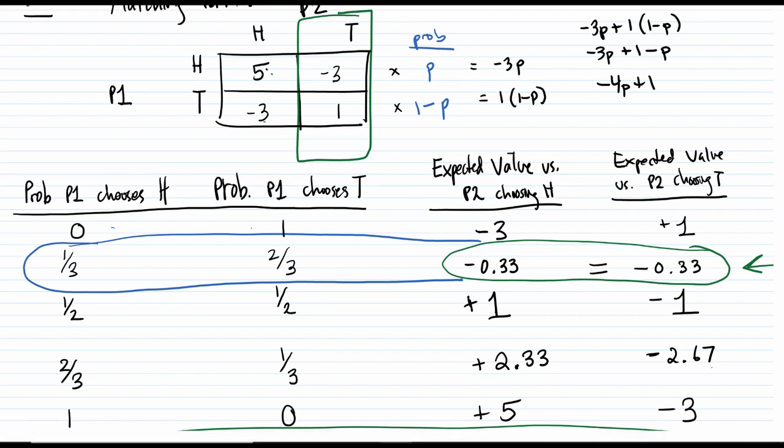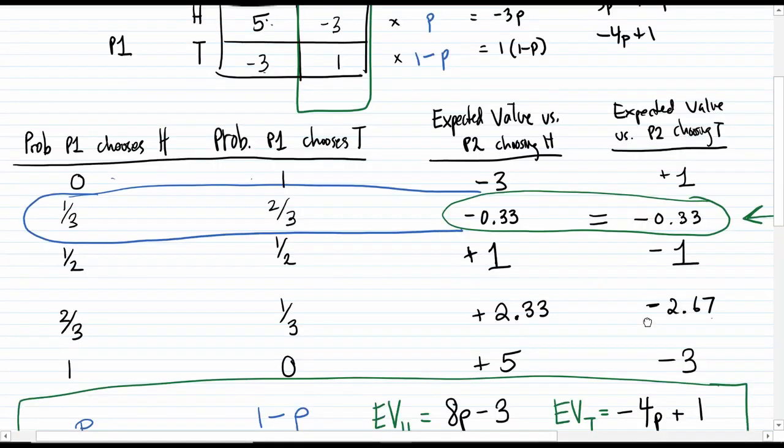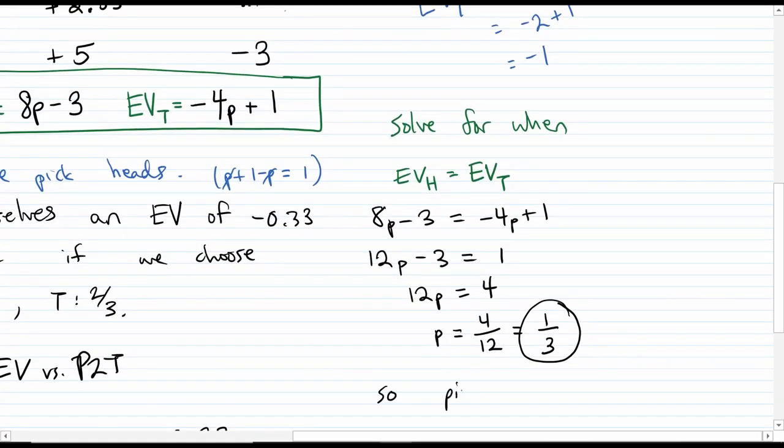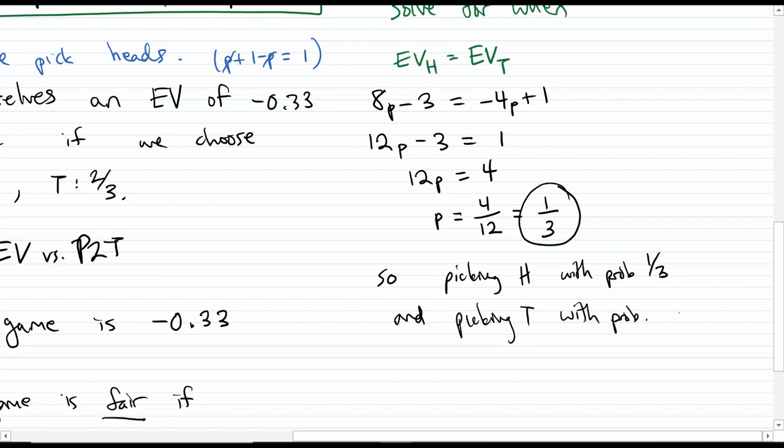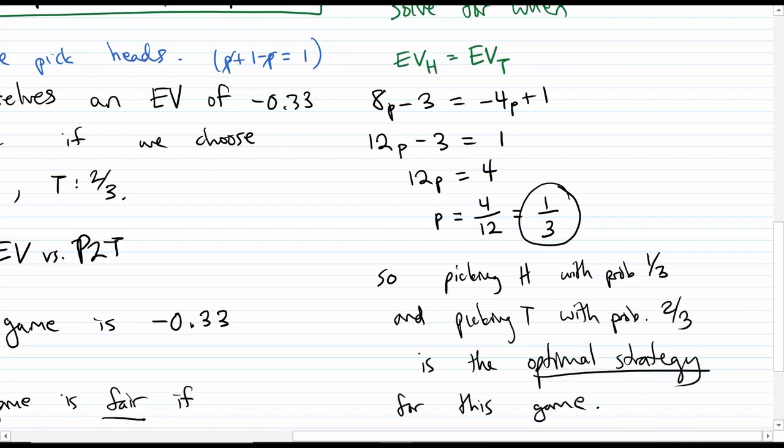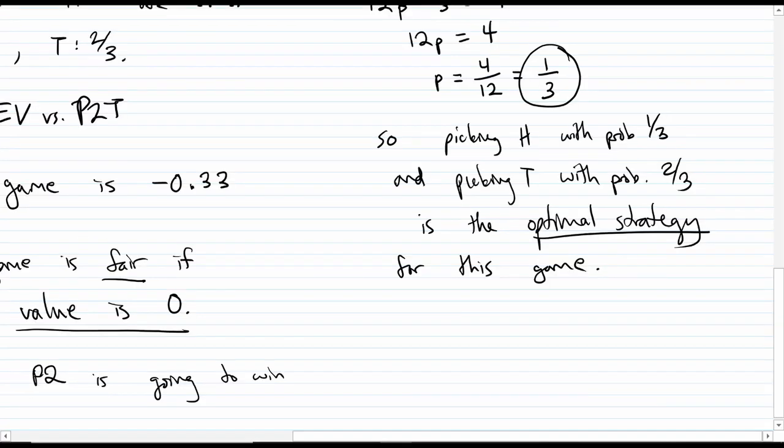So we're going to give a name to this special mixed strategy. It's called the optimal strategy for playing the game. Once we find the optimal strategy of a game, we can find the value of the game by plugging this p-value back into our equations for the expected value.